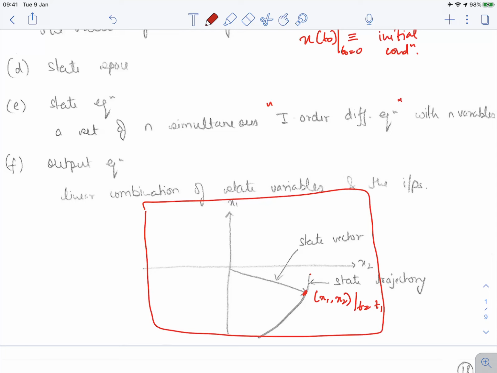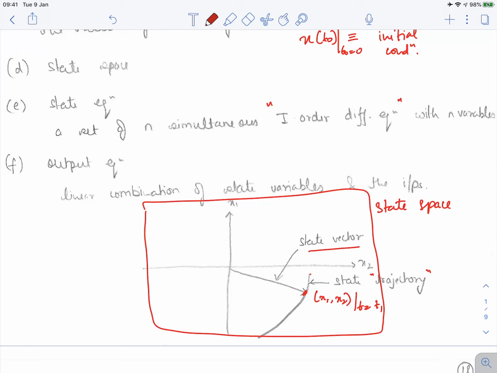A point in the state space gives me the state vector. The traversing of this state vector in the state space gives me the state trajectory. So this is how you can visualize geometrically how the state space representation works.